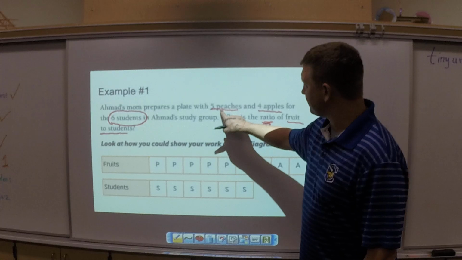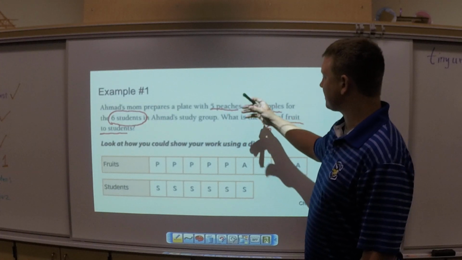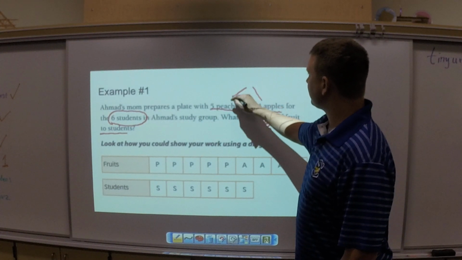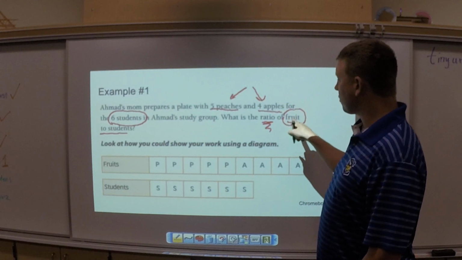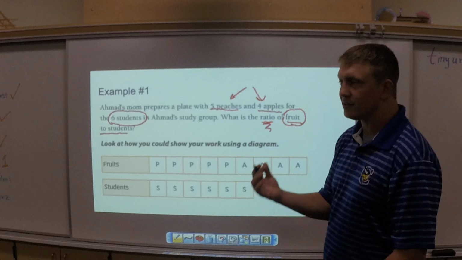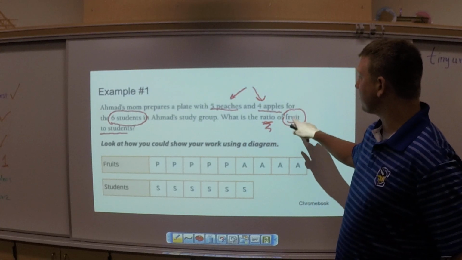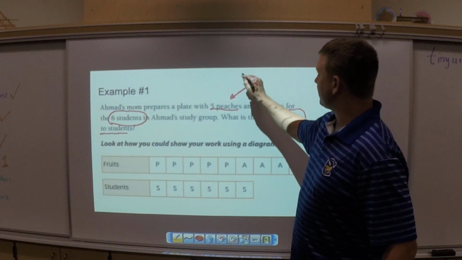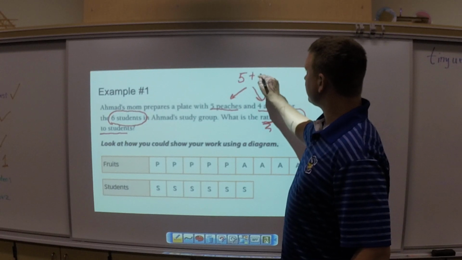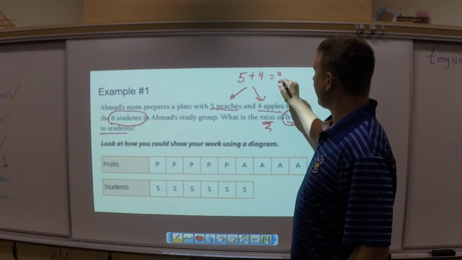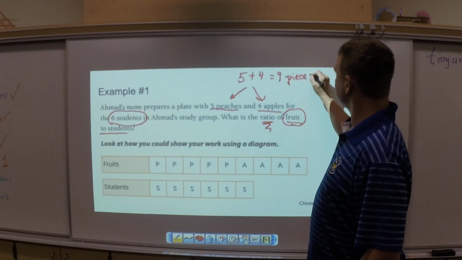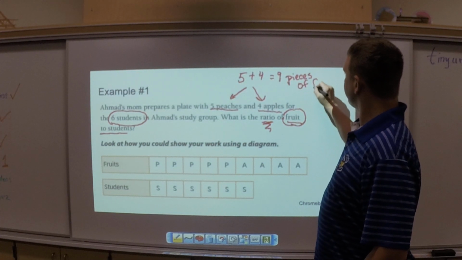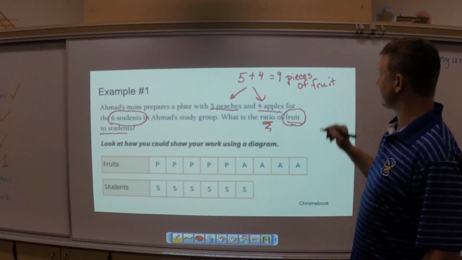Now, we don't care if it's 5 peaches and 4 apples necessarily, because think about the wording in this: total fruit. It doesn't say total, but it wants the total fruit. And so it would be 5 plus 4 equals 9 pieces of fruit in this case.